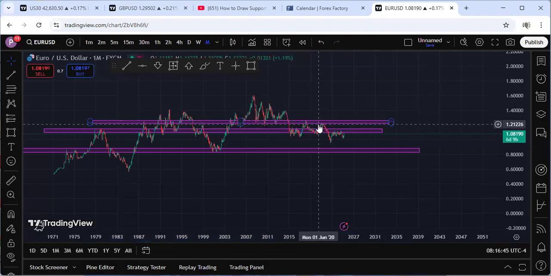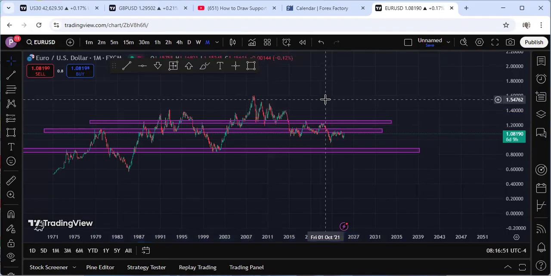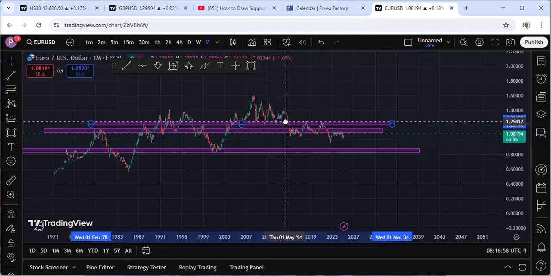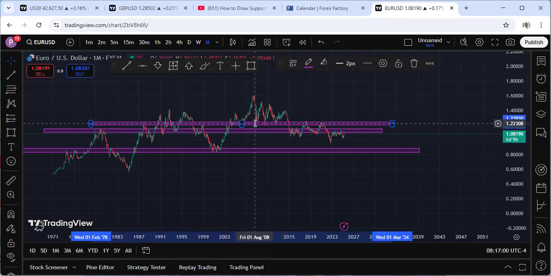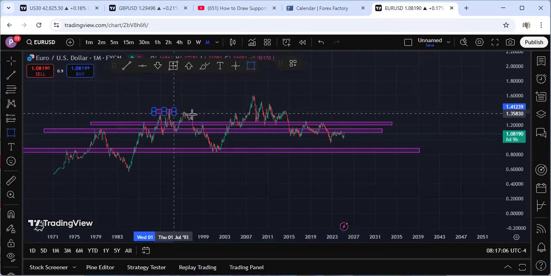This one, you see touches here? See touches here? These are all key levels. Let me shift it to accommodate this one down. All right, up here, we still have more key levels.